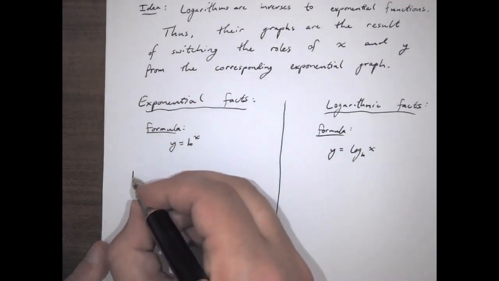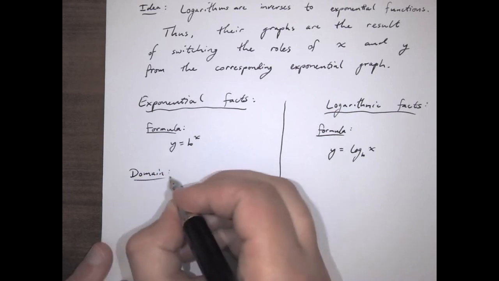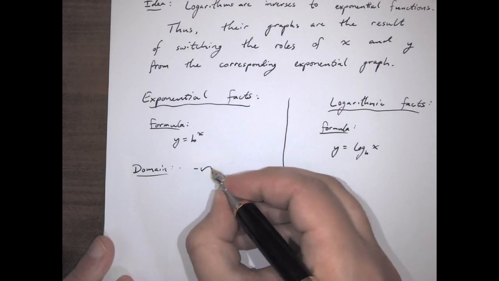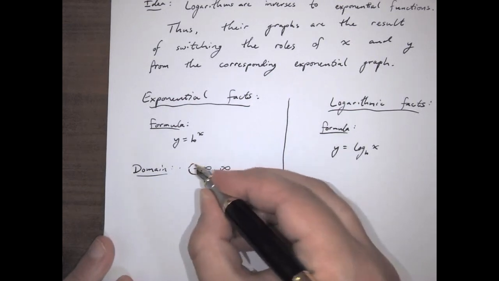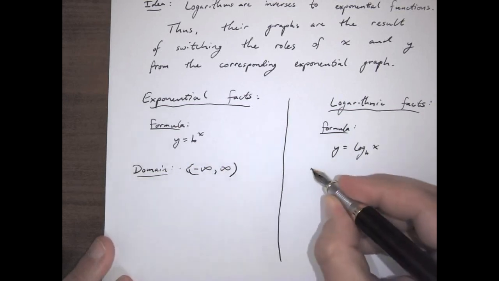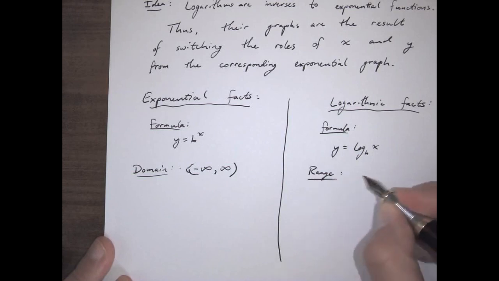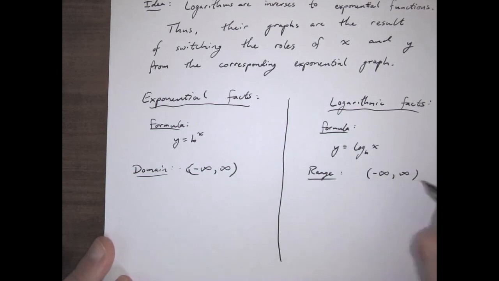Okay, now for exponentials, we know that the domain is all real numbers. And what that would then tell us is that the range of every logarithm is also all real numbers, so negative infinity to infinity.